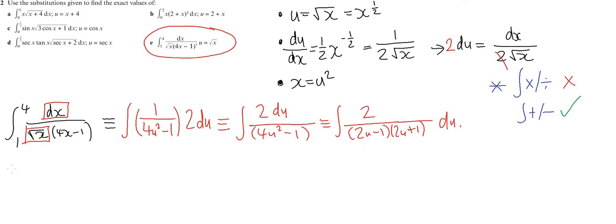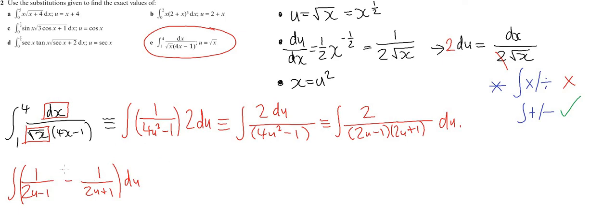Now, why do we do that? Because now we can split them into partial fractions. Remember doing this? If not, have another go. 1 over 2u minus 1 minus 1 over 2u plus 1 du. So now I've got something plus or minus. That's going to be easier to integrate.